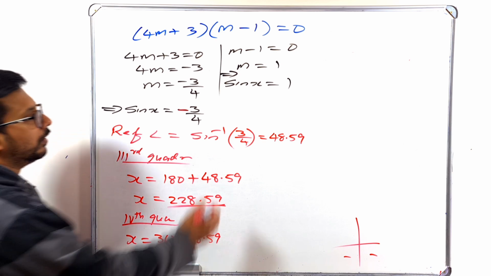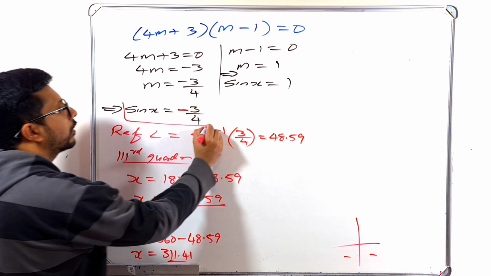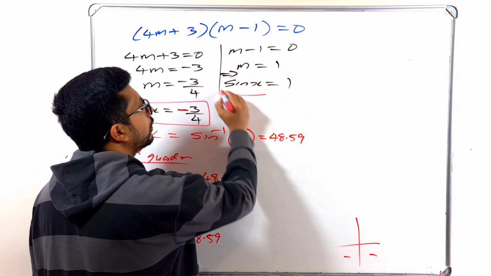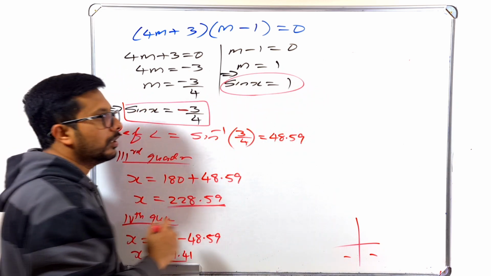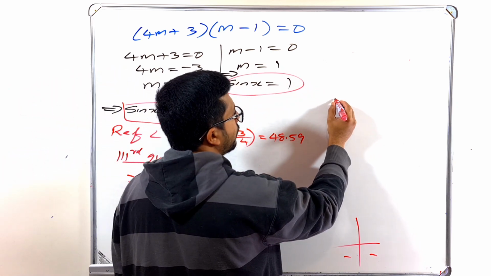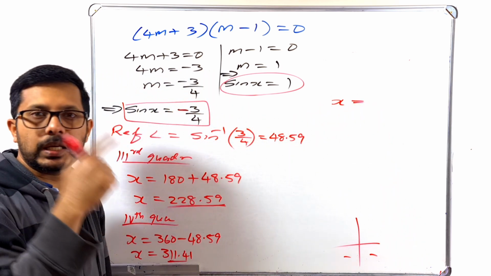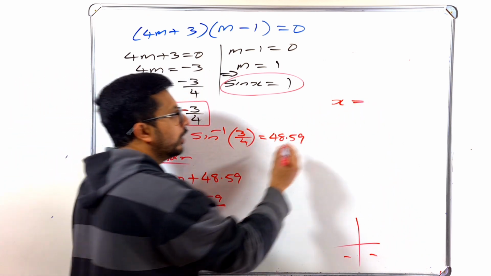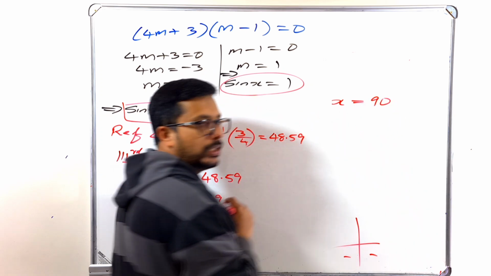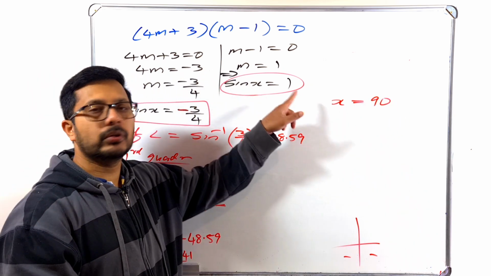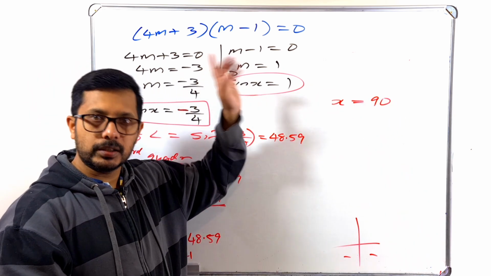So we only find the answer for this one. Now for this one, sin x is equal to 1. So when is sin x 1, x is equal to what? Sin 0 is 0, sin 90 is 1, okay. So x is equal to 90 here. Now sin 90, check in your calculator, what is the answer? It is 1, okay.